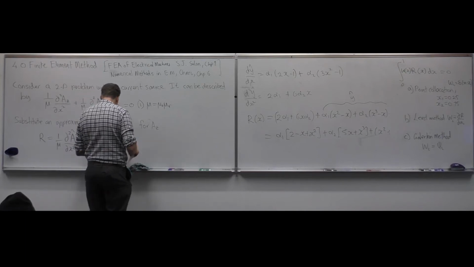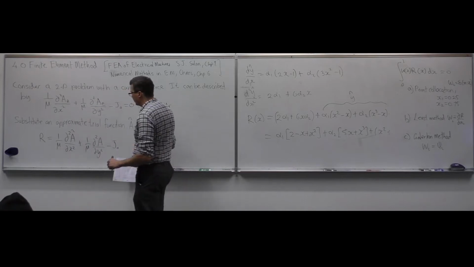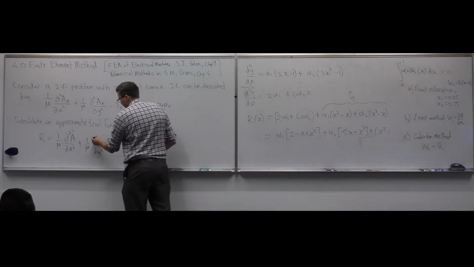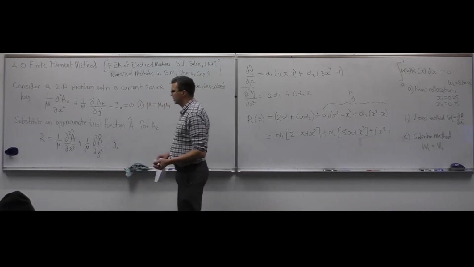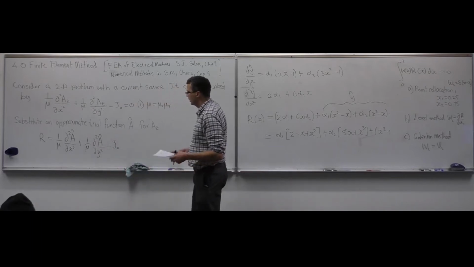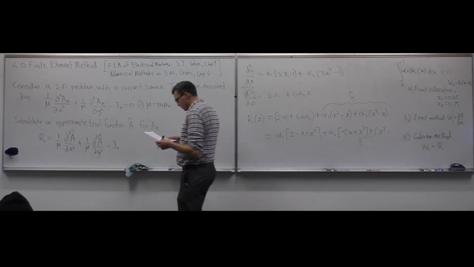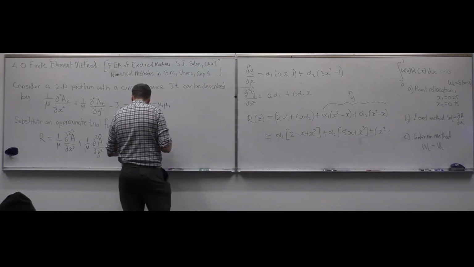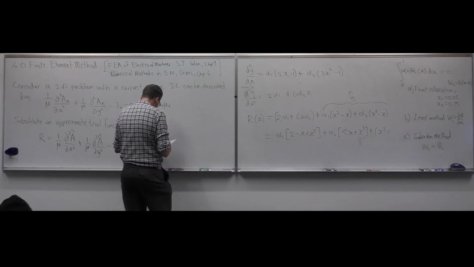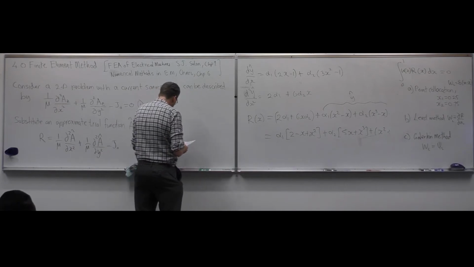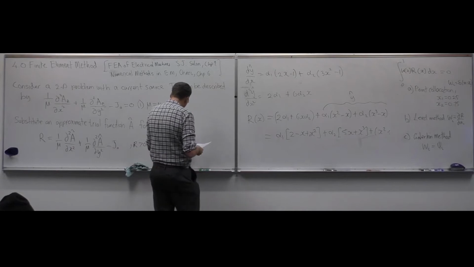This is not going to be 0 because again, the trial function is not perfect. It's not the exact solution, but we want to drive that to 0. So the residual is greater than 0 since it is not the exact solution.